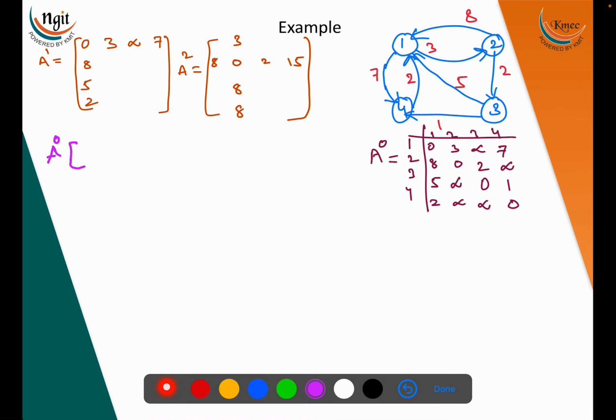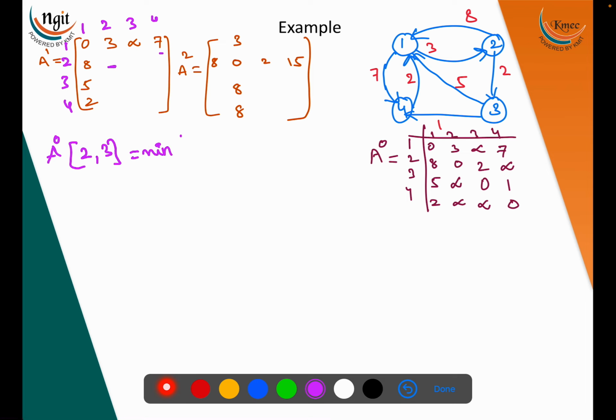I want to find out 2 comma 3. Why 2 comma 3? Because it is 1 2 3 4. From the A naught matrix you have the values of the first row and first column, so you need to find out this element. I'm going to find A1 of 2 comma 3. So what is the formula?